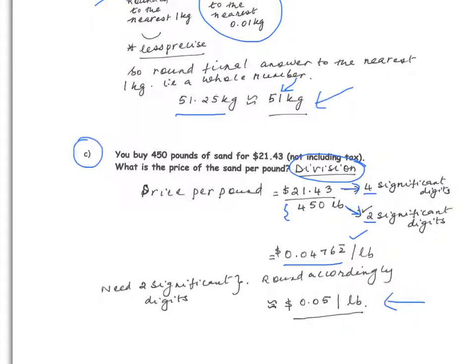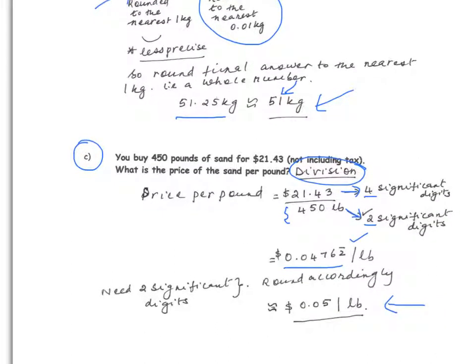Now, suppose we rounded it to 0.05. Let's count the number of significant digits. Remember that the zeros before the 5, so let me point this out, are not significant. Unless the zeros are between 2 significant digits, they're not significant.